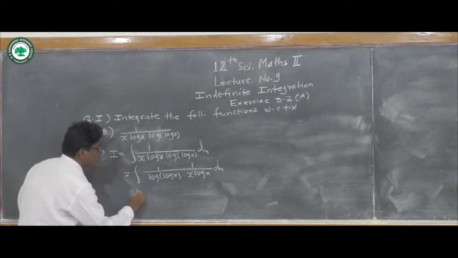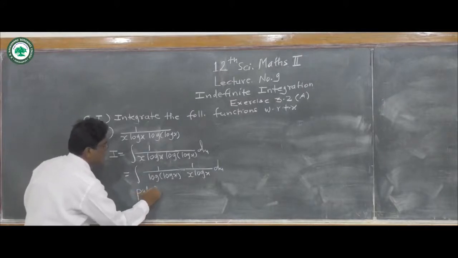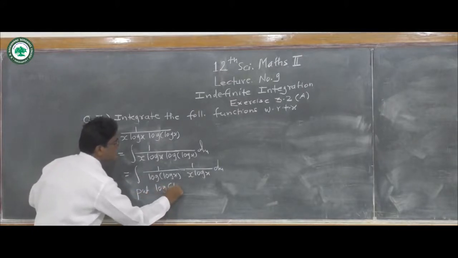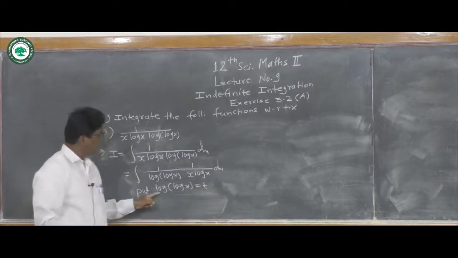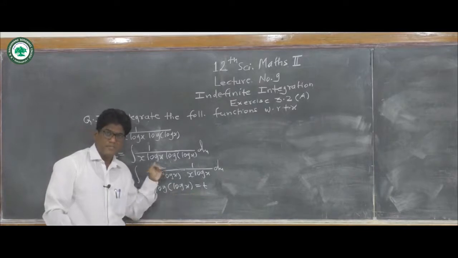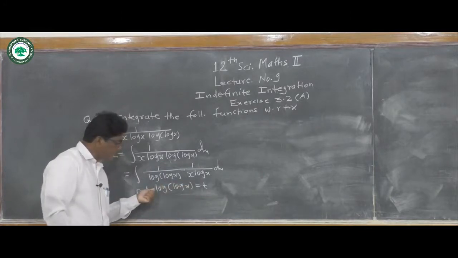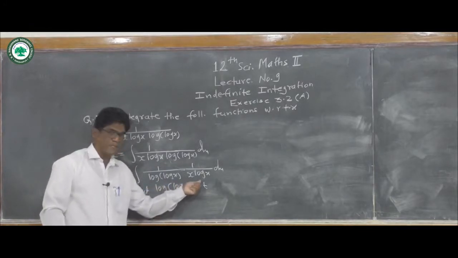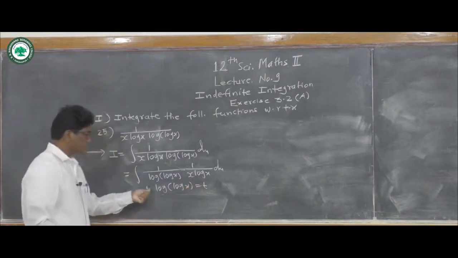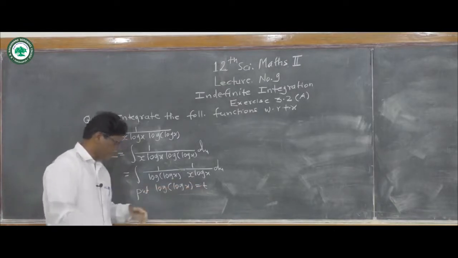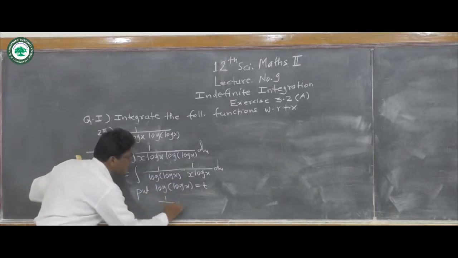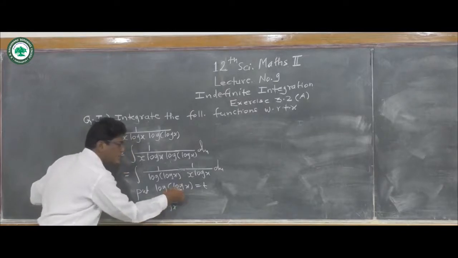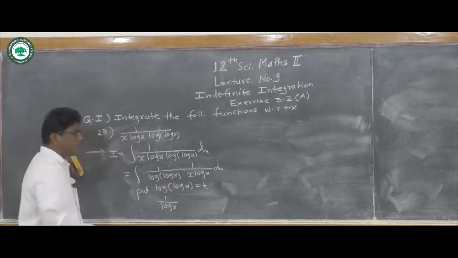Put log of log x is equal to t. Now differentiate with respect to x. d by dx of log of log x is equal to d by dx of t. The derivative of log is 1 upon the inside, but here it is log x, so take its derivative again.